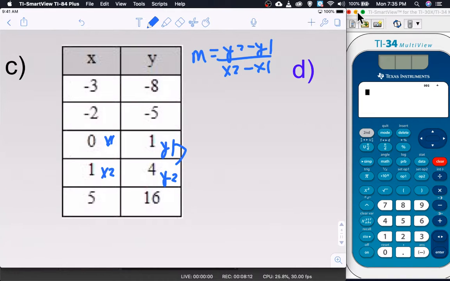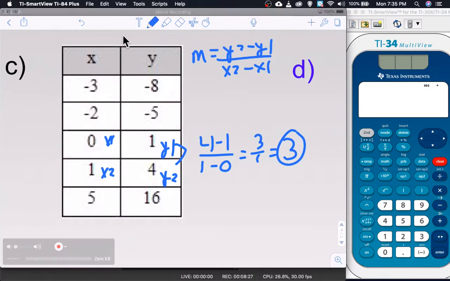Now, I'm shortcutting a lot of this stuff in my head because I know a lot of this by now. So 4 minus 1, that's y2 minus y1 over x2 minus x1 equals a slope of 3 over 1, which is 3. So right there between these 2 points, 0, 1 and 1, 4, there is a slope of 3.